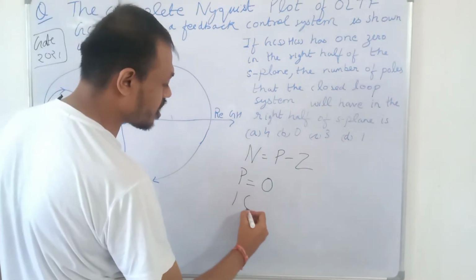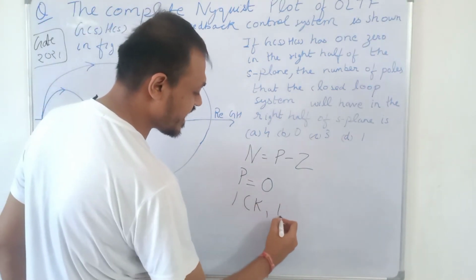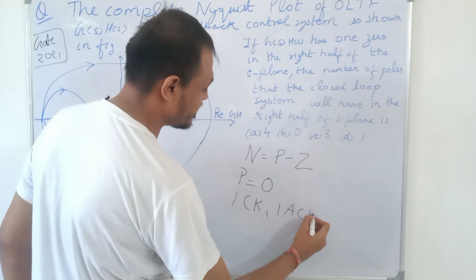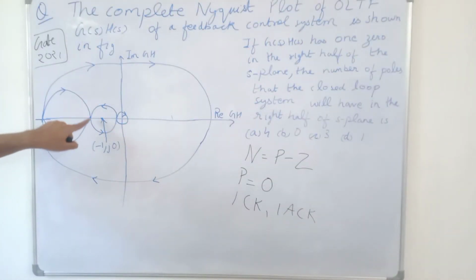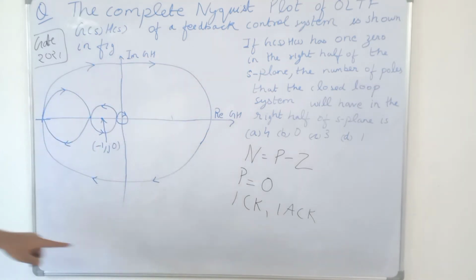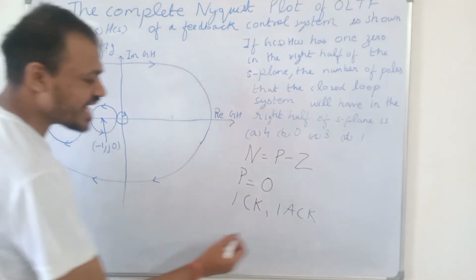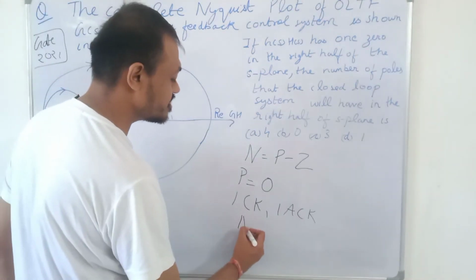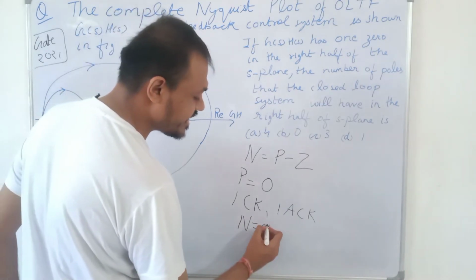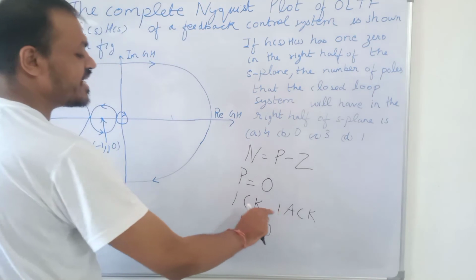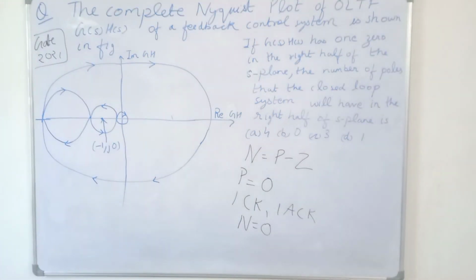So there is one clockwise encirclement and one anti-clockwise encirclement around the critical point, and both will cancel each other. So N is 0. So P is 0, N is 0.